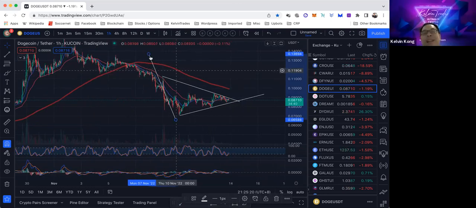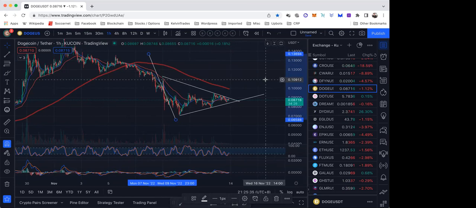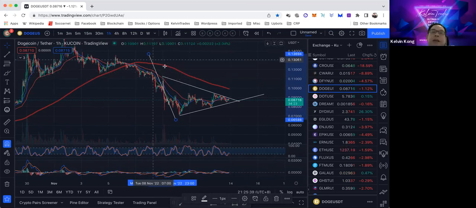See, now I draw this, you can see this. It's like a flag, right? He's going down. This looks like a bear pennant. It's also a flag.